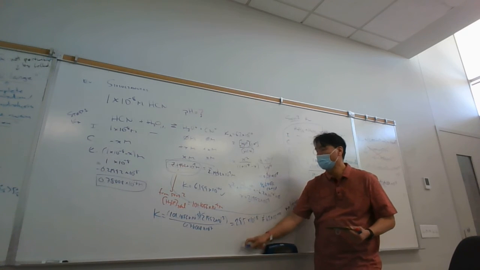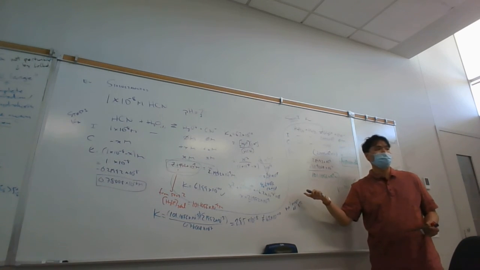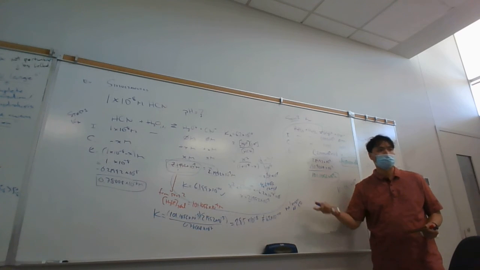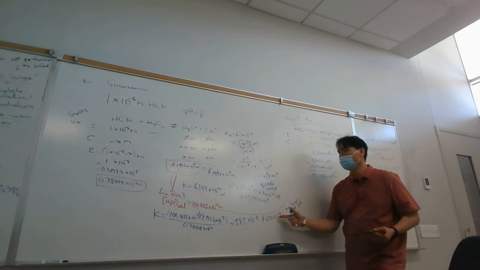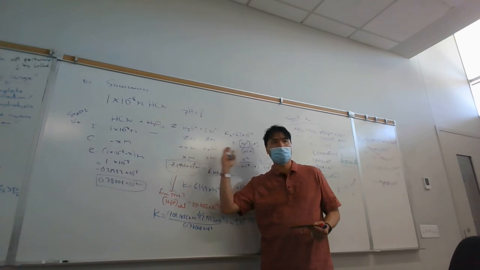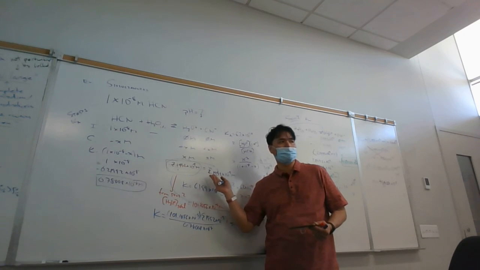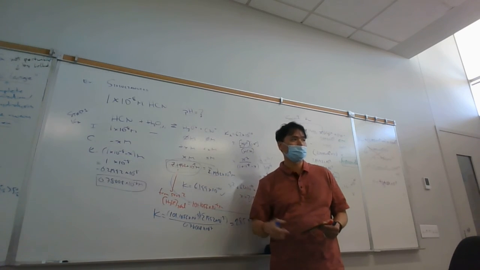And so what happened is step 2 perturbed step 1, so now step 1 is no longer at equilibrium. And so step 1 is going to have to shift left. And that means we have to calculate new concentrations for step 1.